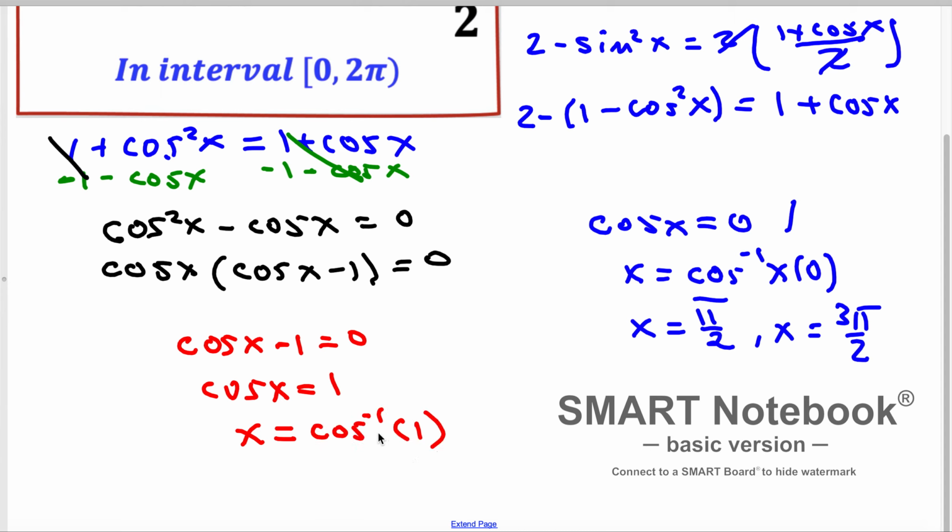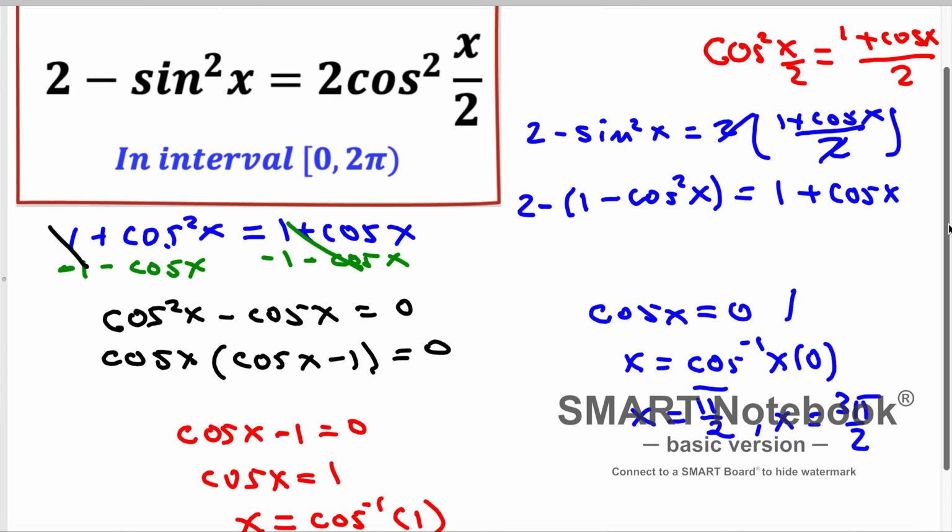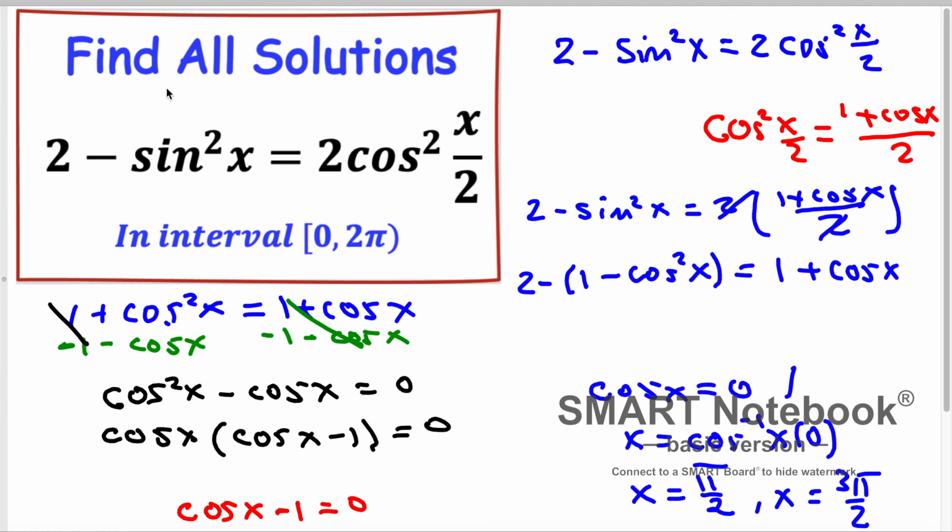If we are taking the inverse cosine of 1, x is going to be equal with 0. So the solutions of this trigonometric equation are going to be x equal with 0, x equal with pi over 2, and x equal with 3 pi over 2. So those are the solutions.